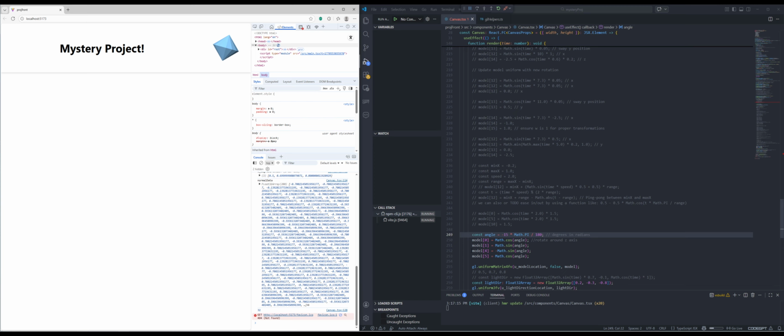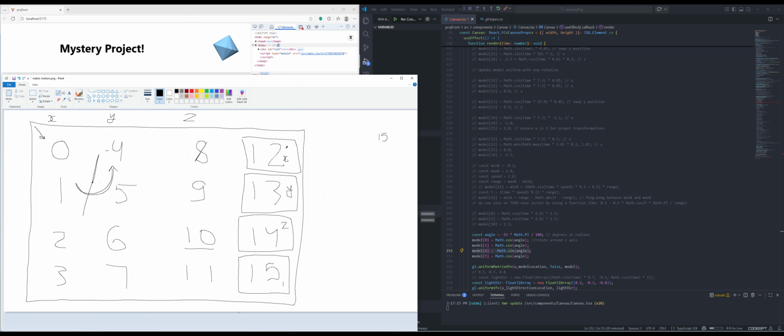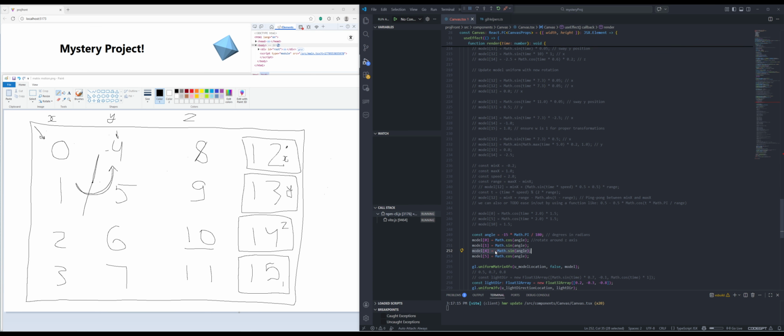So right now, by evidence, proof by example, we proved that if we give model 4 a negative sign on this number, it will bring rotation on itself.